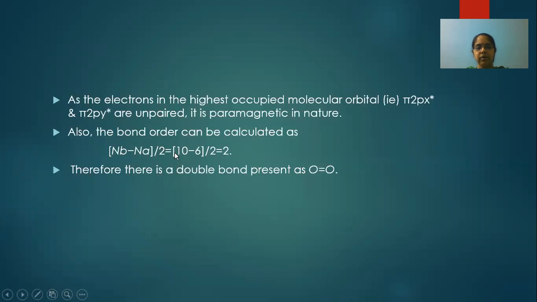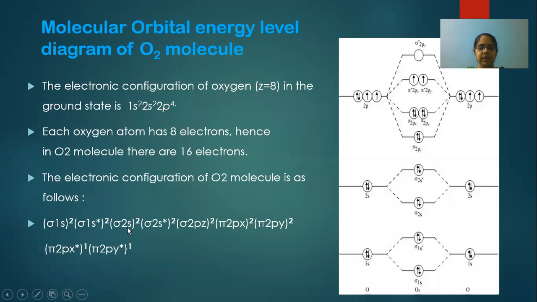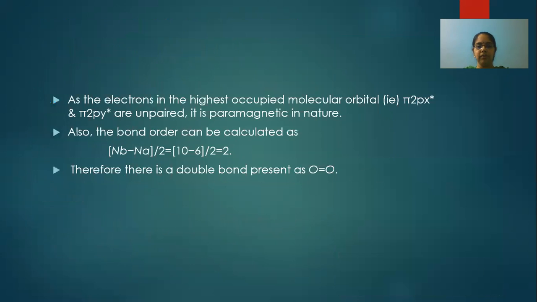There are 10 electrons in bonding molecular orbitals, that is 2, 4, 6, 8 and 10, and anti-bonding molecular orbitals have 2 plus 2, 4, 5 and 6, so 6 electrons. So half into 10 minus 6 equals 2. So a double bond exists between the two oxygen atoms in the oxygen molecule.